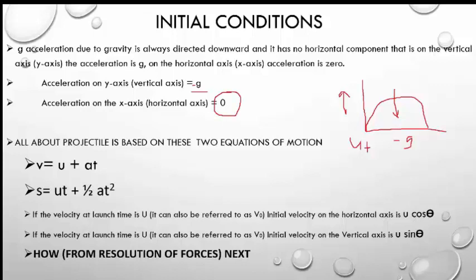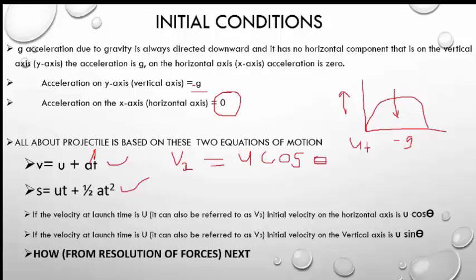Then to work our way through projectile, we need to know that these two equations of motion are very important in the calculation, and this will be my velocity at a particular time. On the horizontal, my a is 0, so my velocity on the horizontal, vx, will be equal to u cos theta.